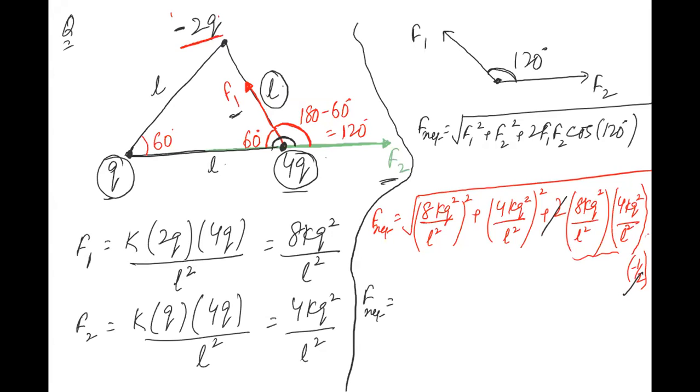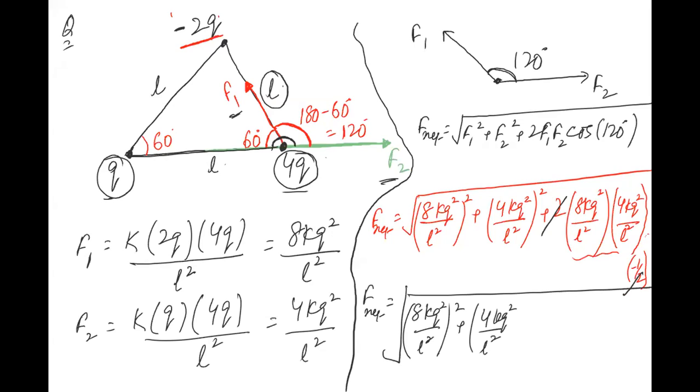I will write two steps now. You can write this whole result as 8kq square upon L square the whole square plus 4kq square upon L square the whole square. This minus sign when multiplied by this plus sign will become minus here. And you can write this as 8kq square upon L square into 4kq square upon L square.